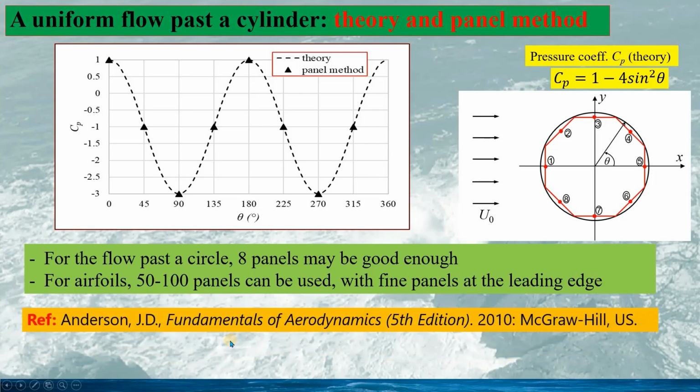If you would like to know more information about the panel method and the example for the uniform flow past the cylinder, you can read the book The Fundamentals of Aerodynamics by J.D. Anderson. This is the 5th edition, but you can find the newer version of the book as well.